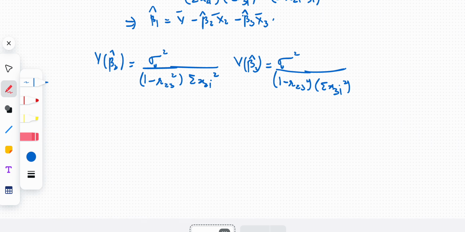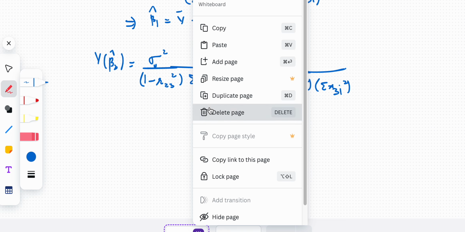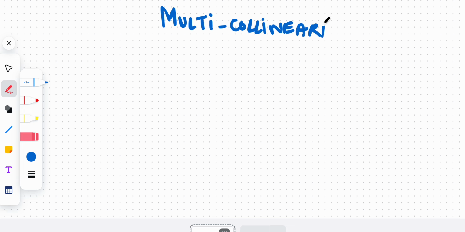Now I'm going to do one more new topic, which will be quite interesting. That's multicollinearity. What does that mean?